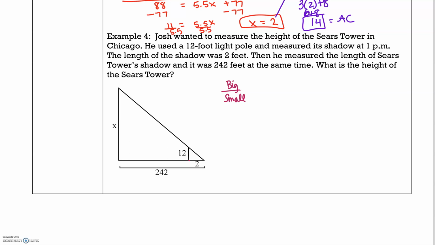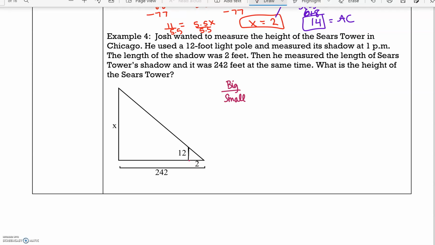So I'm going to go ahead and do height first. So big height is x. Short or small height is 12. And then big shadow is 242. And short or small shadow is 2.